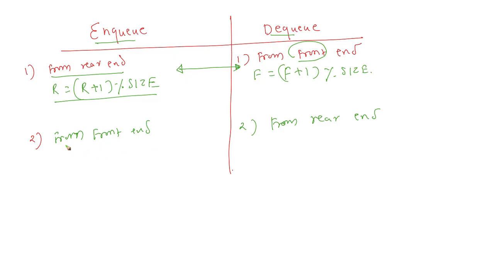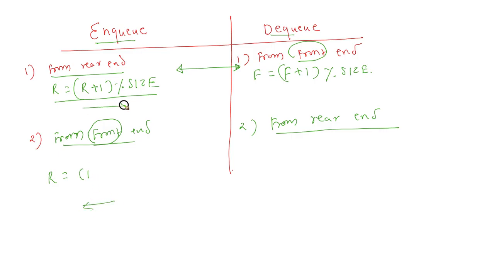Now these are two abnormal operations which we perform in a doubly ended queue. Enqueuing from the front end is abnormal, we do it in a doubly ended queue only. Here R is decremented because R is going in this direction, right?